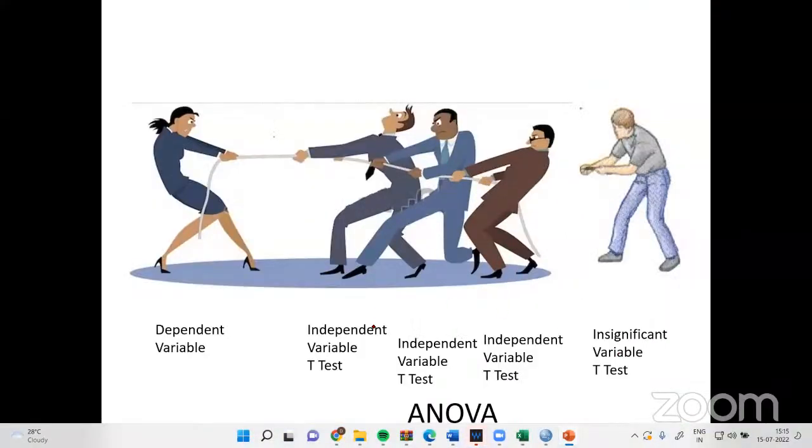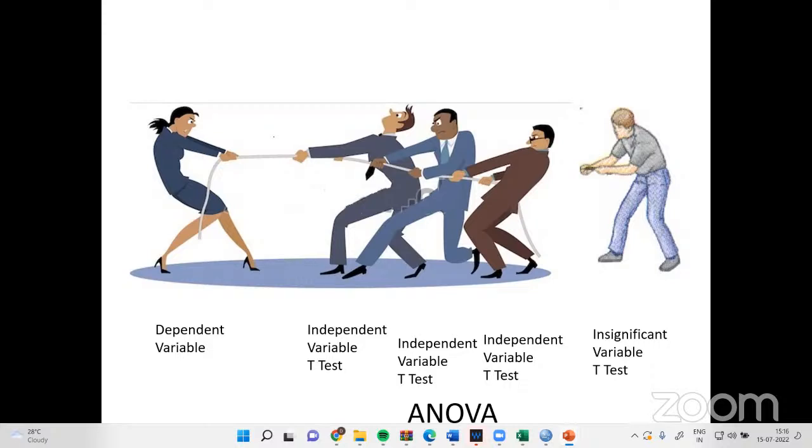See this PPT? What can you interpret from this? There is a tug of war going on, right? Just see this painting carefully, and I'll ask you some questions. Is it clear?